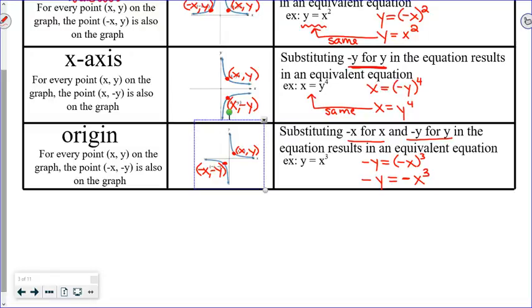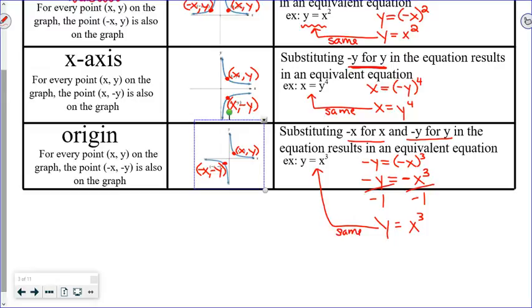But does anyone see a little algebra trick I could do to get it to look like the original? Divide by negative 1, perfect. I can divide both sides by the same thing without changing the fact that it's equal. Dividing by negative 1 makes the y positive and the x cubed positive, and that makes it match our original.